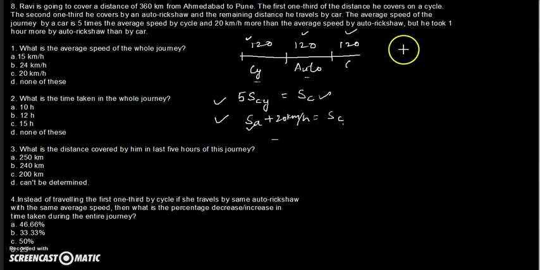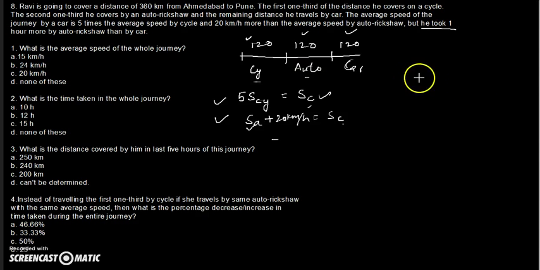Let's use the last piece of information: he took 1 hour more by auto rickshaw than by car. If the speed of the car is SC and the distance is 120 km, the same distance 120 km is covered by auto, but the time is 1 hour more.